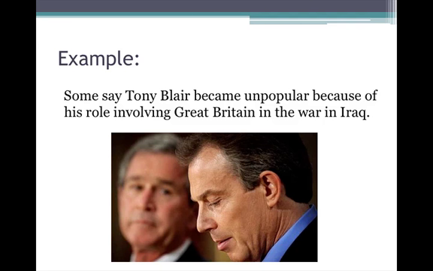Similarly, in the example, some say Tony Blair became unpopular because of his role involving Great Britain in the war in Iraq, because, which is an indicator word, here is not functioning to pick out a premise, but rather is explaining a causal connection, the connection between Tony Blair's unpopularity and his role in the war in Iraq.